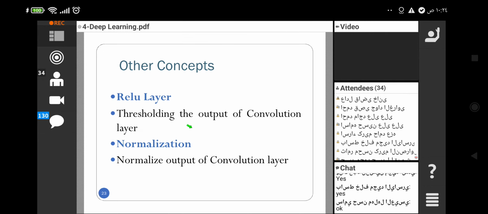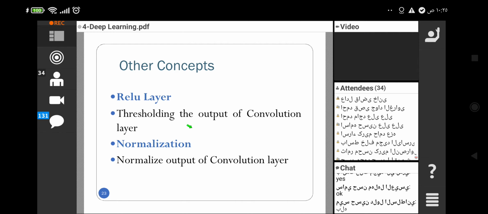And the other layer is normalization. Normalization is normalizing the output of the convolution. Normalization means that the sum of the numbers is 1. The sum of the numbers should be 1. This is normalization.